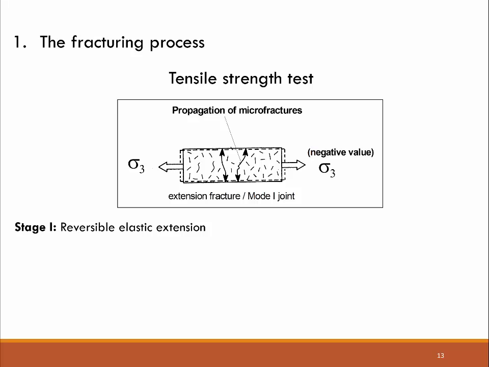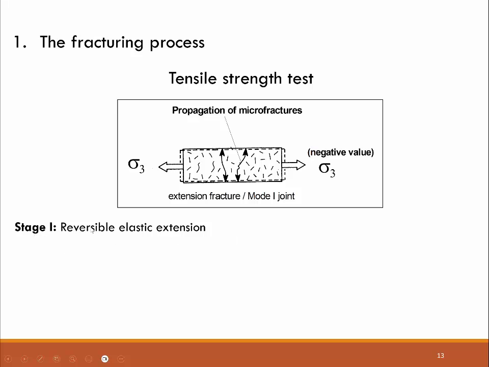That means the smallest stress to which the sample is exposed, sigma 3, would actually be pulling, and conventionally such pulling stresses are given a negative sign. So sigma 3 in this case would be negative. All we do in the tensile strength test is a rock specimen is grabbed in our testing rigs and it is pulled laterally.